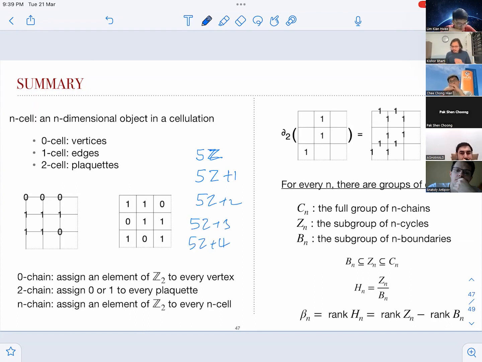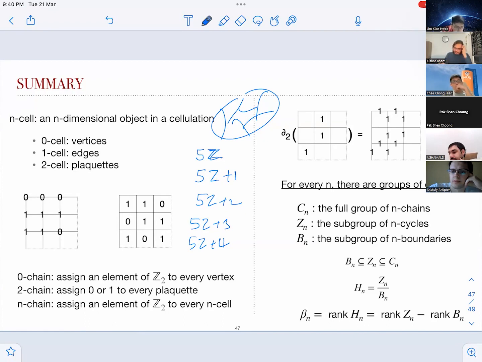So it's nothing but a partition of your set into different equivalence classes. Yeah, so that's how you can think of the quotient group intuitively. So you see that you have an equivalence relation coming from whether the integers are divisible by 5 or not.